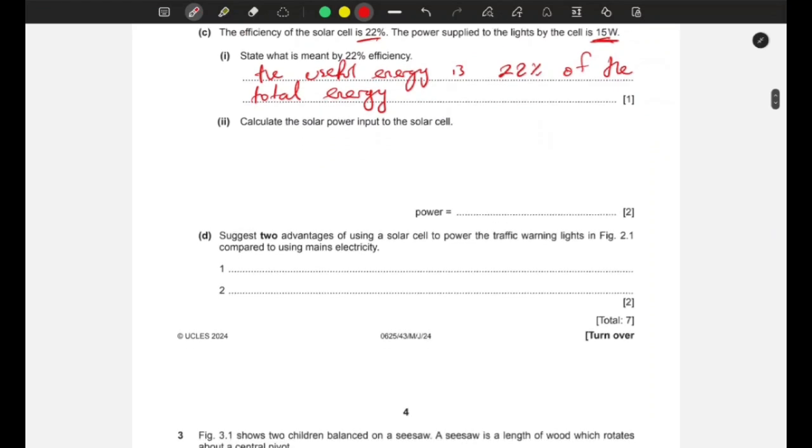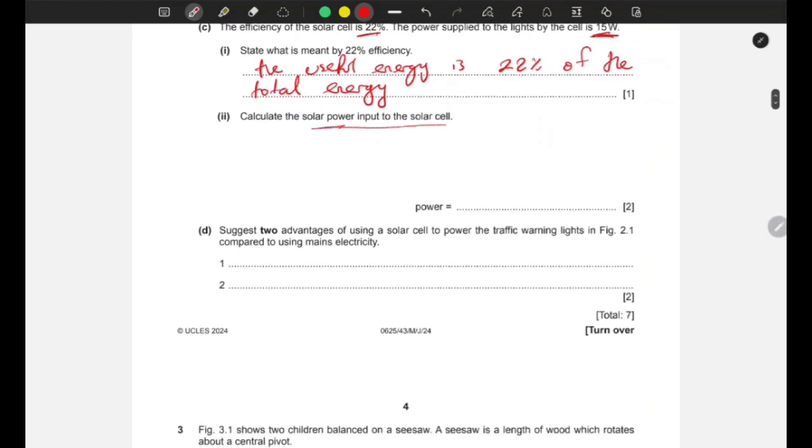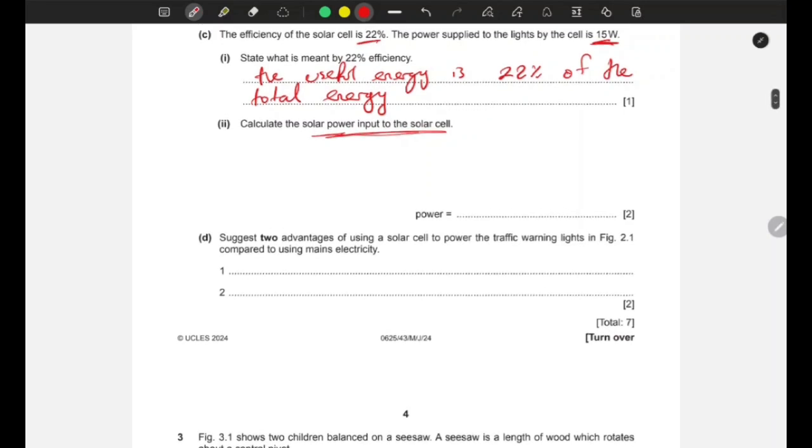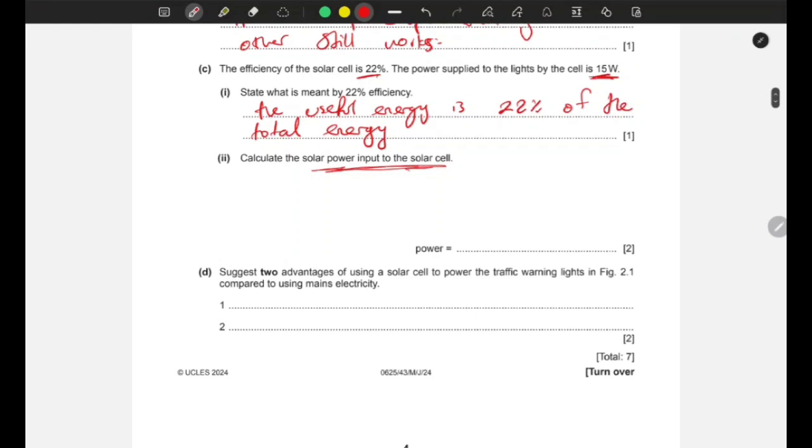Part 2 states calculate the solar power input of the solar cell. So 15 watts is the power supplied to the light, so this 15 watts is the useful energy. That means 22% is the 15 watts, which is the useful energy.